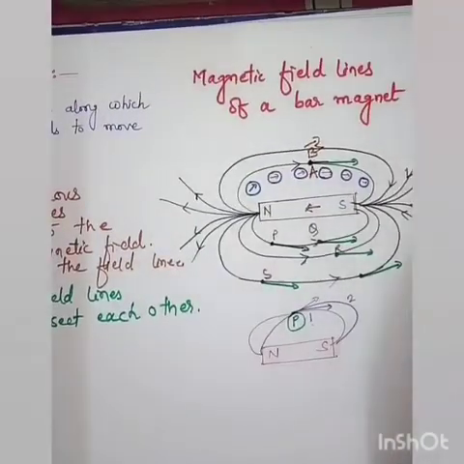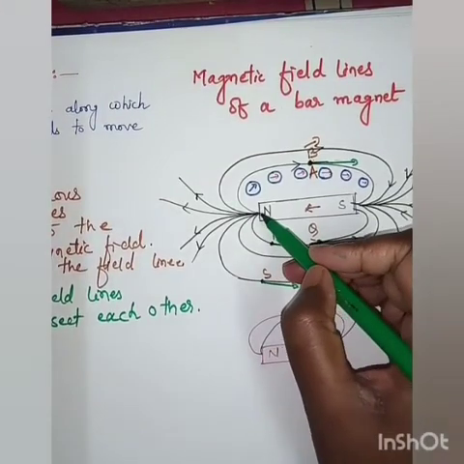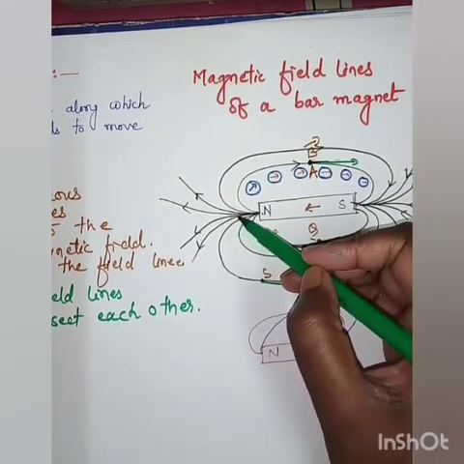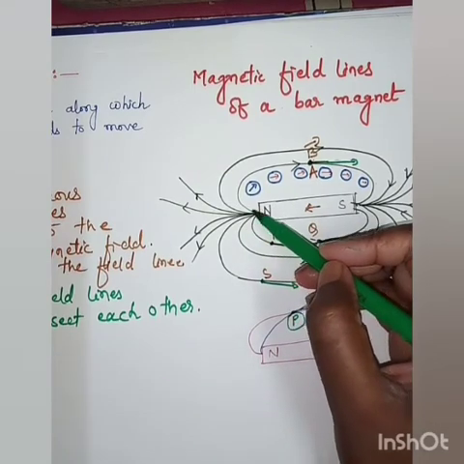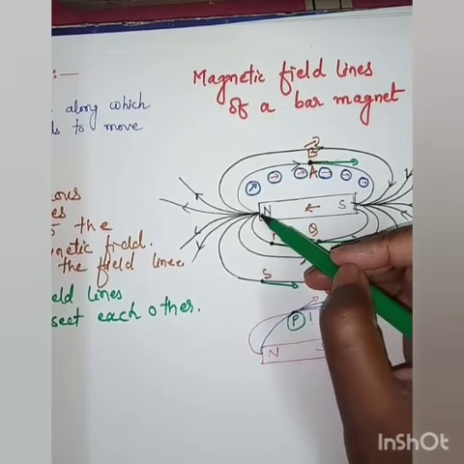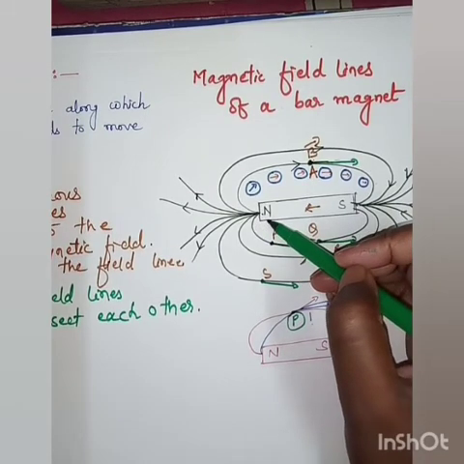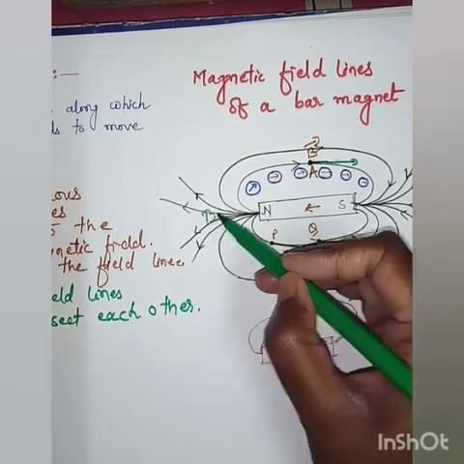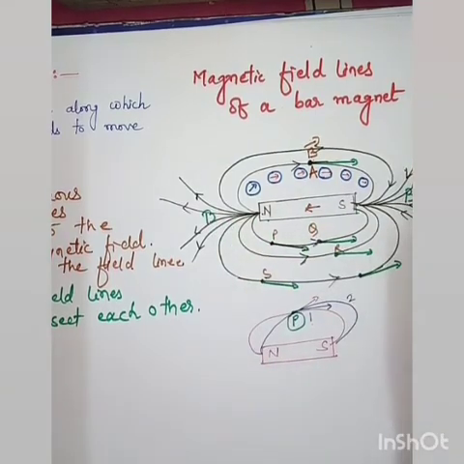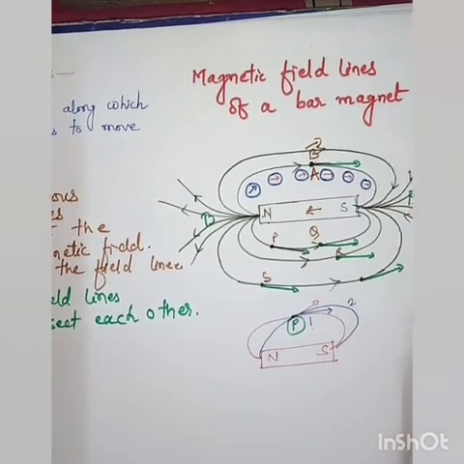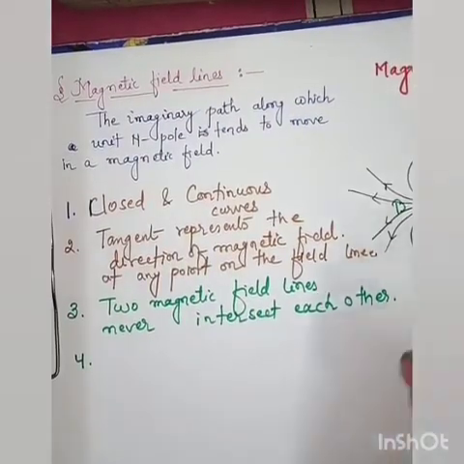Here at the poles, north pole or south pole, the field lines are denser than any other part. Therefore the magnetic field is stronger here as compared to other points. This is the fourth property.